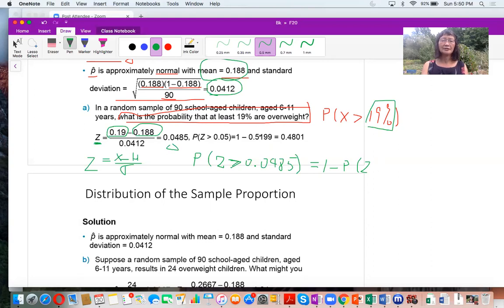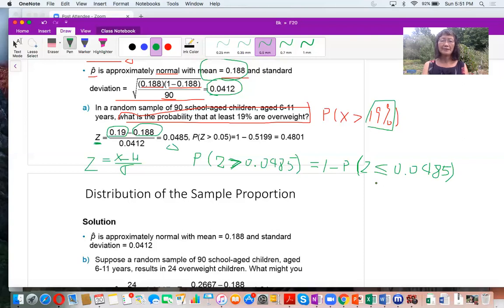At least, that is smaller equal to 0.0485. Okay, you translate this, change from greater to smaller equal.